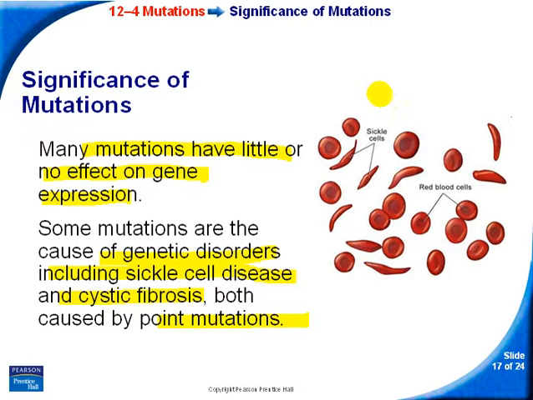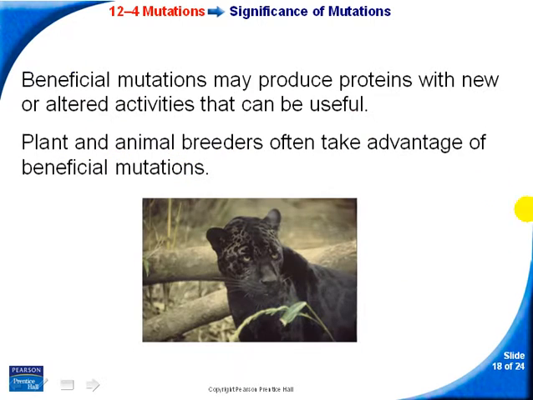One small substitution occurred which led to sickle cell disease, sickle cell anemia, and in that disease the red blood cells, when they are in an acidic environment, sickle and can no longer carry oxygen, which then causes the person to have shortness of breath, and it can be a very debilitating disease.